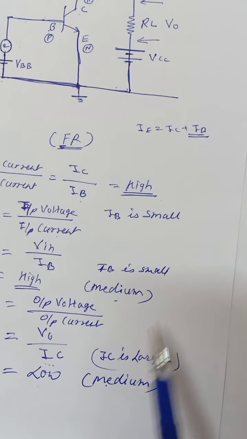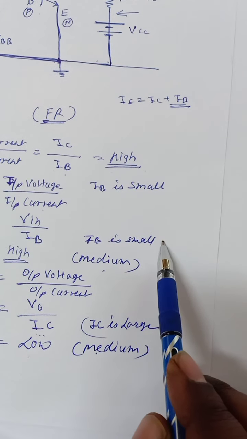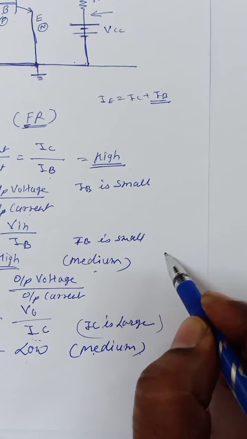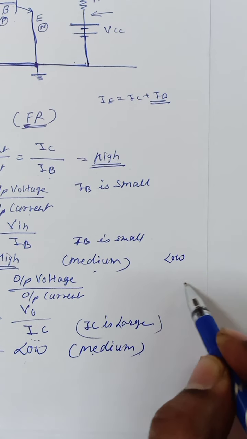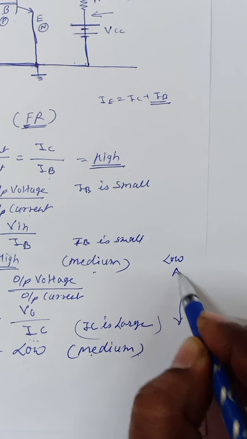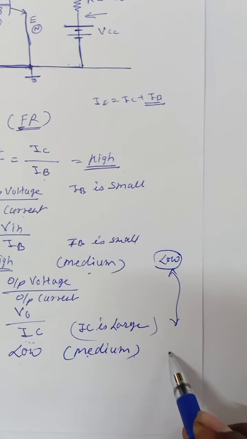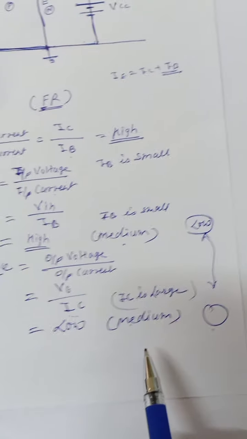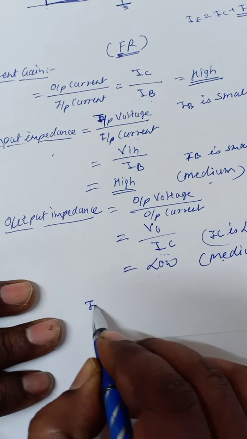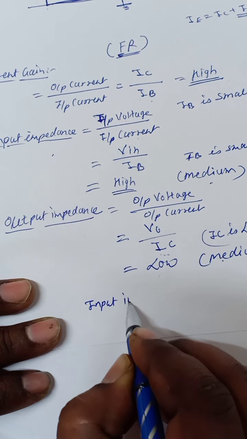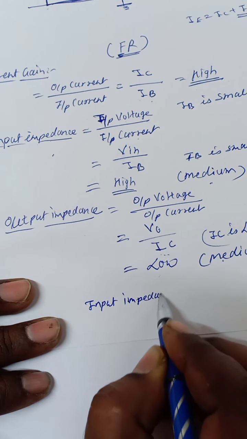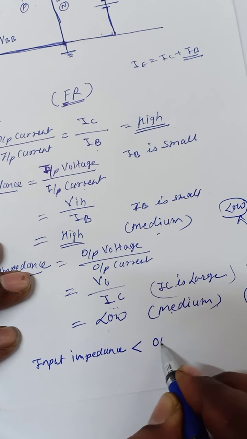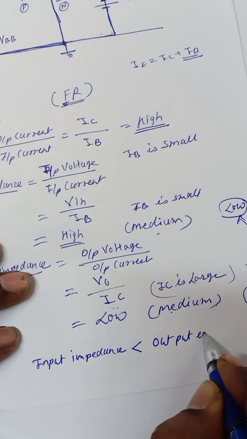If you compare the input impedance with the output impedance, the input impedance is less than the output impedance.